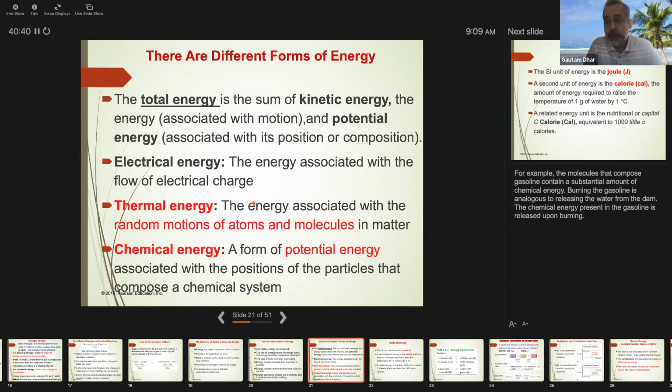A compressed spring is a potential energy. You lift a rock, that's a potential energy because of its position. If I let the rock fall, I can do some work with it. So energy is anything that has the ability to do work. Just like falling water, the rock can do something. So these are potential energy.